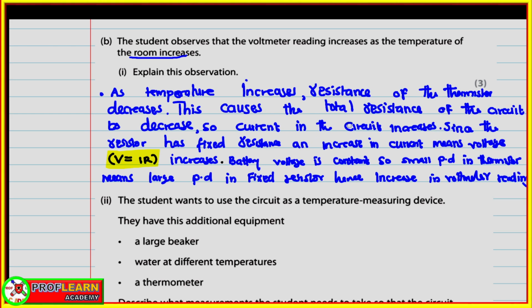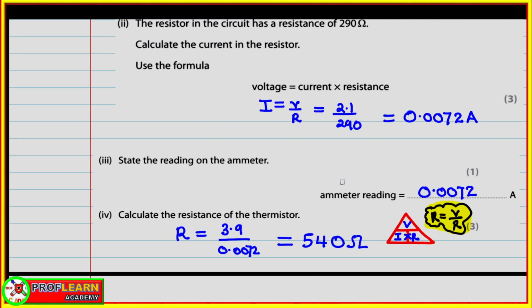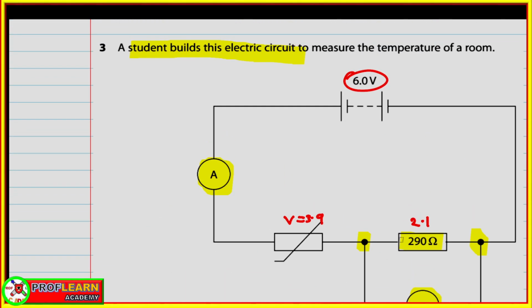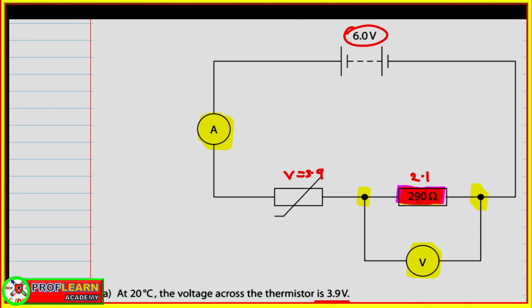So the total resistance of the circuit is going to decrease, and the current in the circuit increases. Since the resistor has fixed resistance, an increase in current in the circuit is going to result in a larger potential drop across this resistor, because anytime you want to calculate the PD across this, it is the current in the circuit times the resistance.